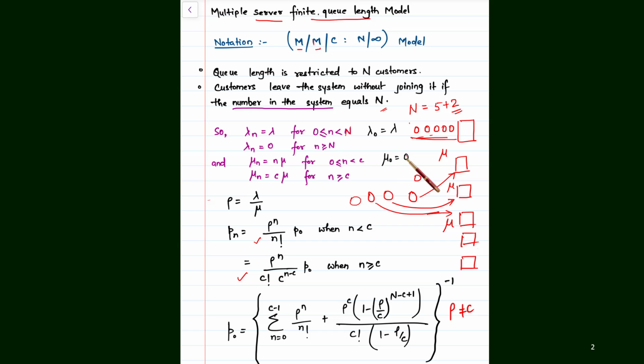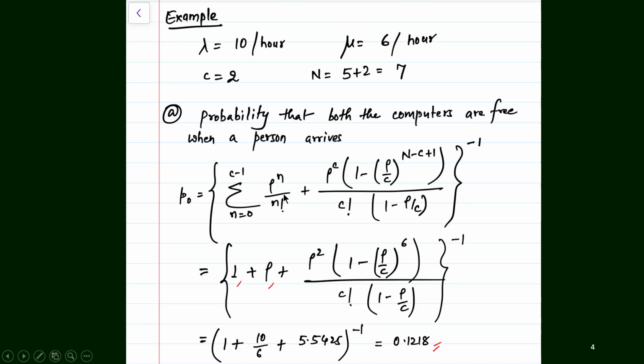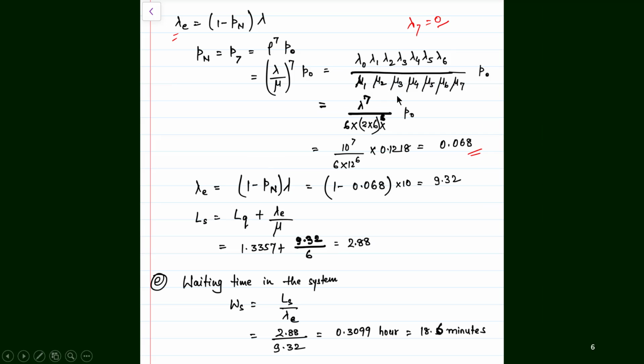When one customer is in the system, then it will be mu. When two are there, 2 mu. When three are there, then 2 mu only. Like that, 2 mu where mu is equal to 6. So put it here, 2 into 6. Total how many? 2 onward, this is 6 total. So 2 into 6 to the power 6.